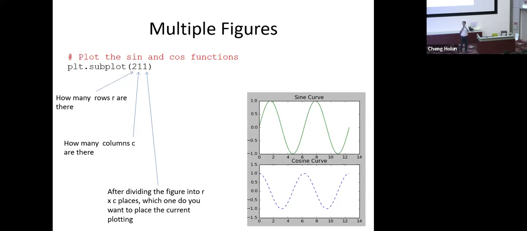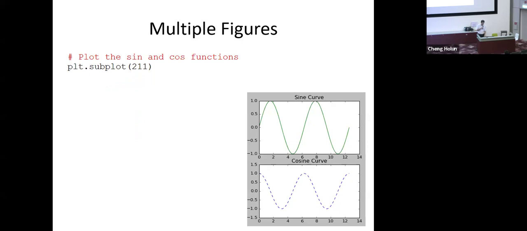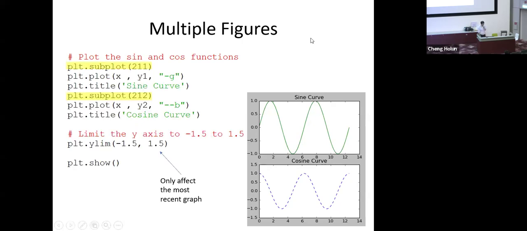You have two empty spaces, so position 1 and 2. Position 1 is the first graph. If you divide it into 2 rows and 1 column, the first one is a sine curve and the second one is the cosine curve. So you can use this subplot function to plot multiple graphs in one window.